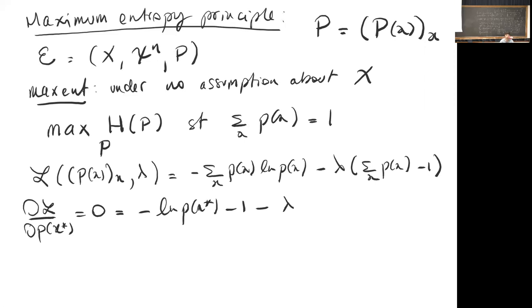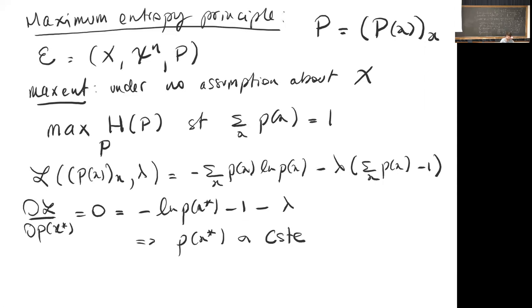And so what do we obtain? We obtain that P of x star is proportional to a constant, because I can put all that on the left-hand side and take the exponential, which just gives me a constant. We don't care what this constant is.